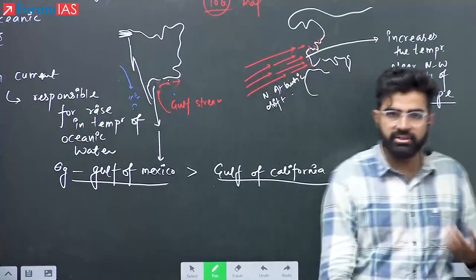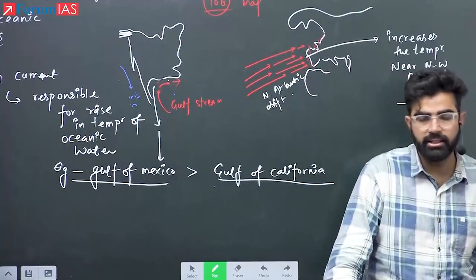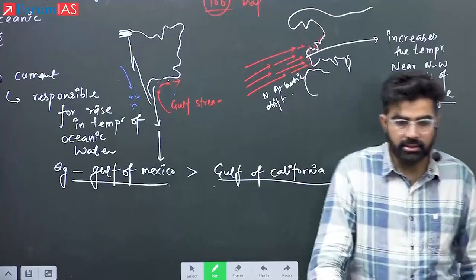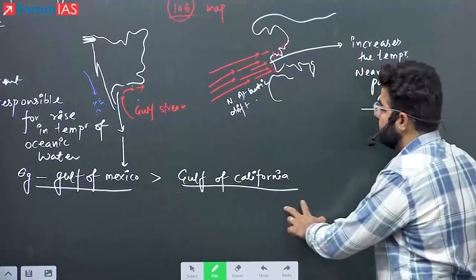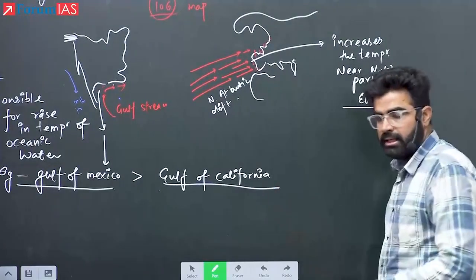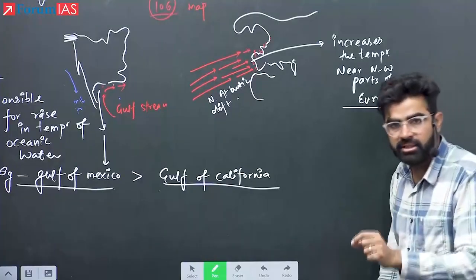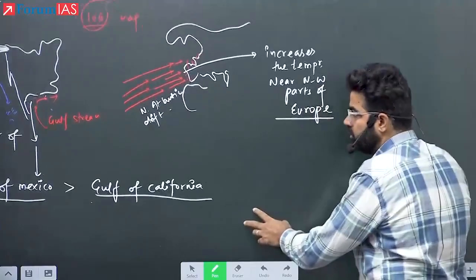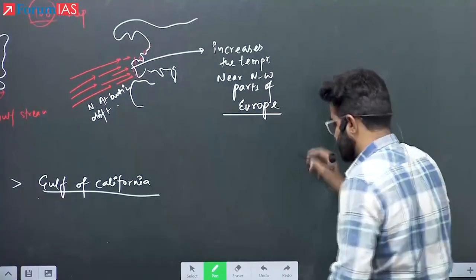You can take any of the examples, go to page number 106, identify the warm current and the cold current, and you can easily talk about the temperatures, right? The third factor, prevailing winds. Each and every factor that I'm discussing is important and can be part of your prelims question, right? So be careful. I'll show you the previous year questions from these factors, right? The prevailing winds.